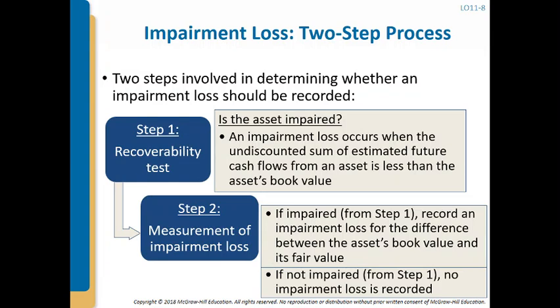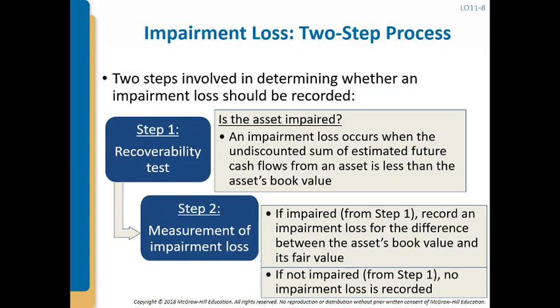There you determine whether the undiscounted sum of the estimated future cash flows from this asset is less than the asset's book value.